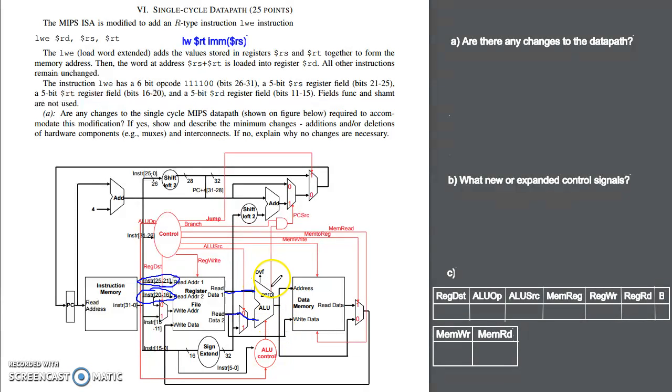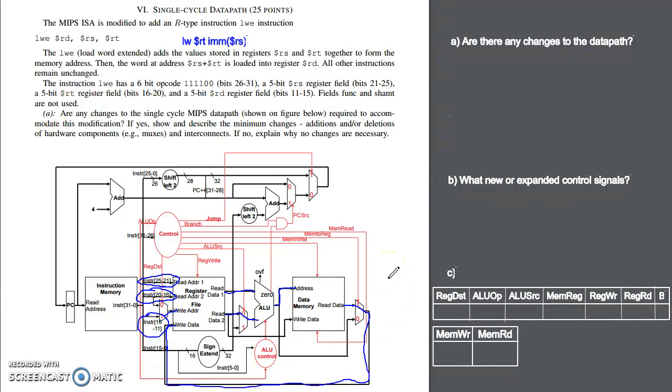The same way we did it before, we'll add those two values together, and that becomes our address. With that address, we take the data there, go through this mux, and just like before, put that into our write data. And what exactly are we writing to? We're going to be writing to RD, and then go to the mux, and that's it.